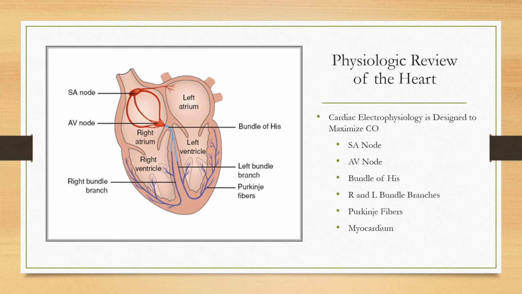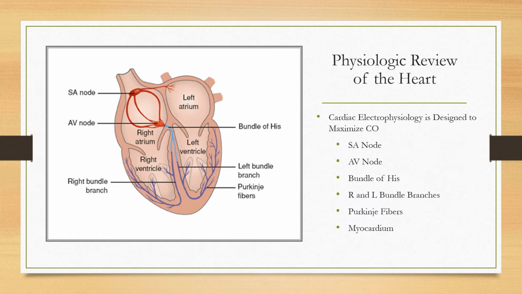It's influenced by the autonomic nervous system, where the sympathetic branch can increase the signal from the SA node and make the heart go faster, or the parasympathetic branch can send a signal to the SA node to slow down the heart rate. So the SA node is an automated pacemaker. It continually depolarizes and repolarizes, and it sends out an electrical signal to the atrium.